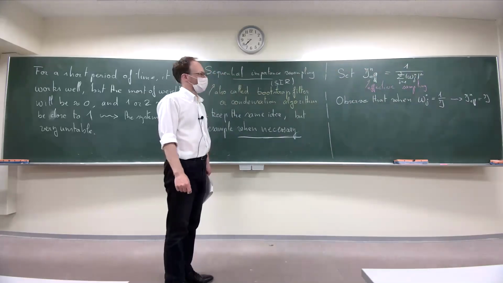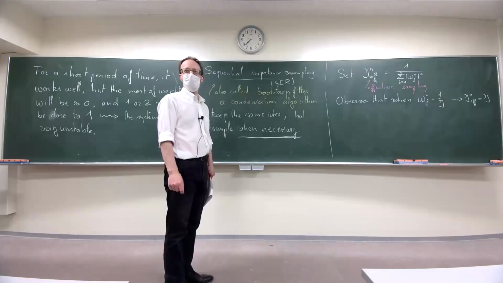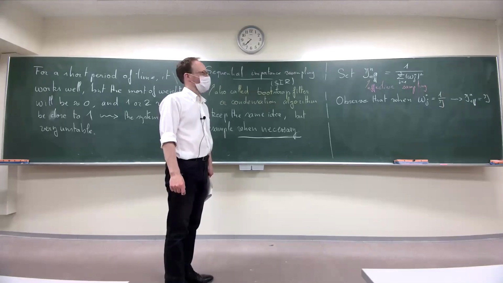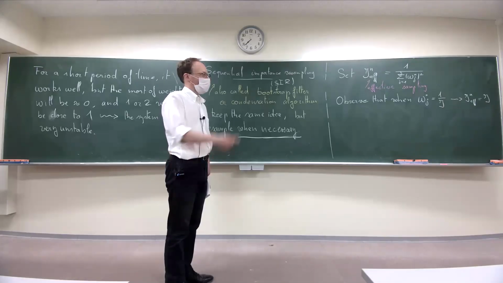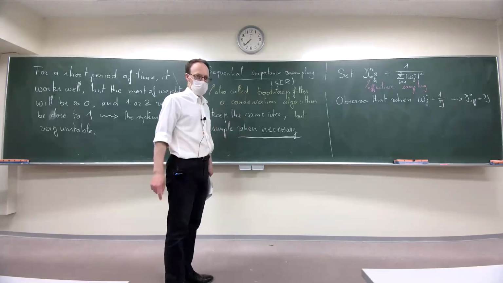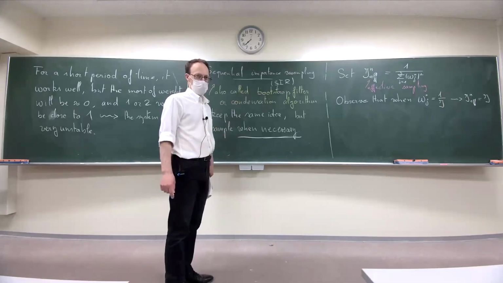Yes or no? Yes. J times (1 over J) squared. So when they weigh equally, it's an observation: if they are equal, we have this number.